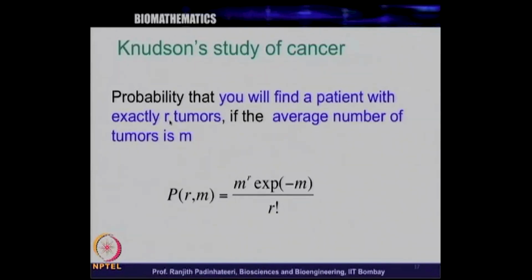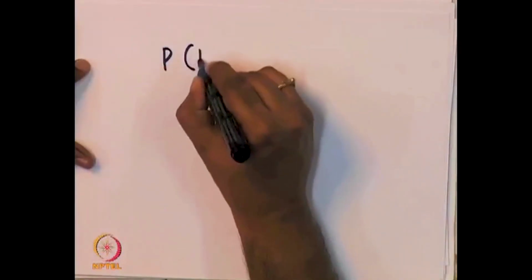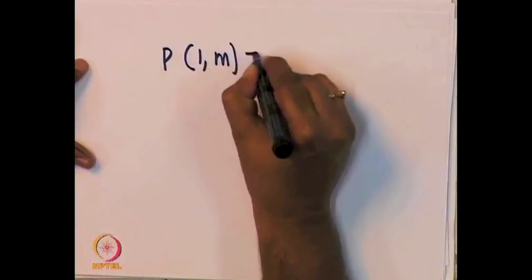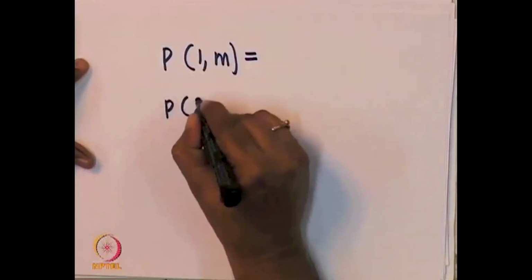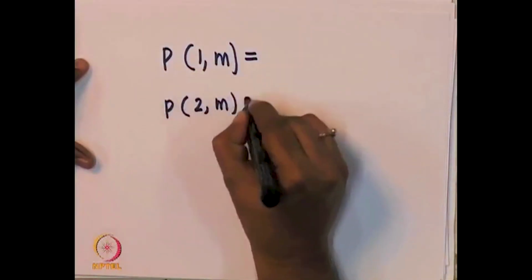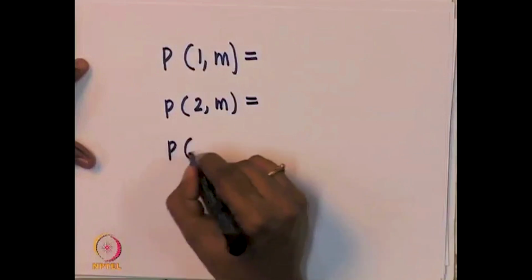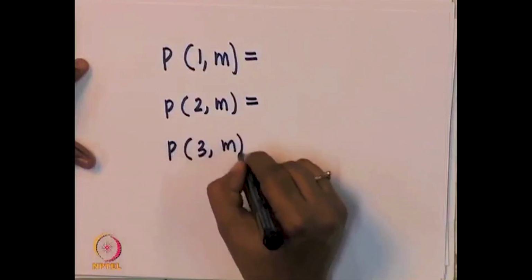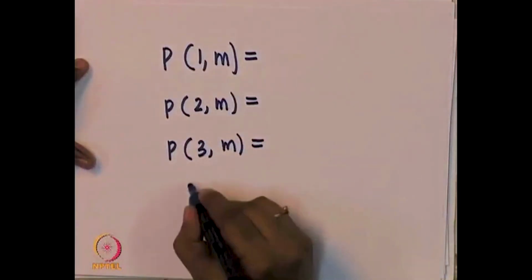So what can he write down from this? He can write down the probability of having one tumor if the average is m, the probability of having two tumors if the average is m, the probability of having three tumors if the average is m, and so on and so forth.